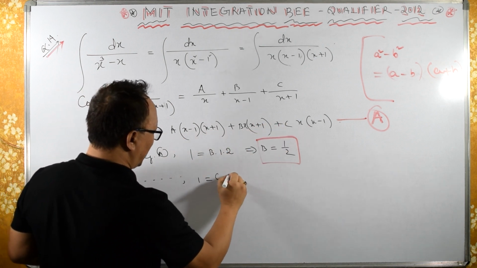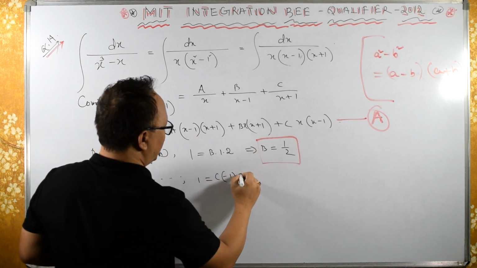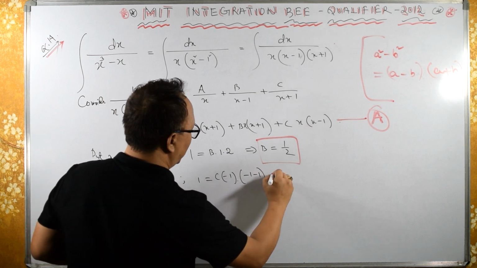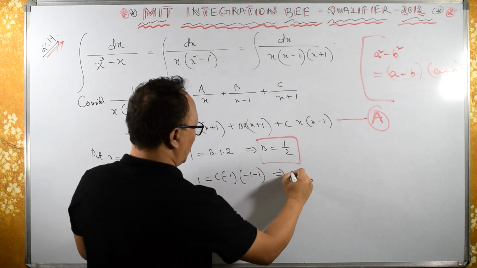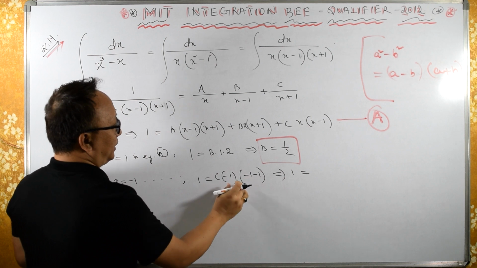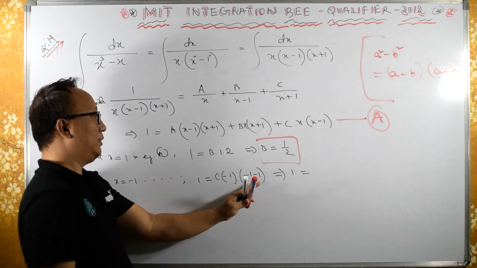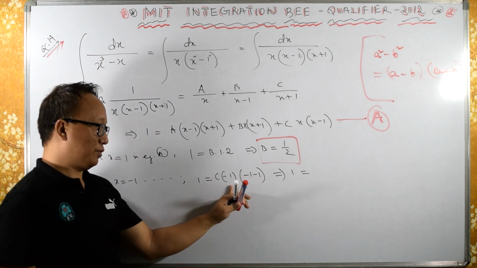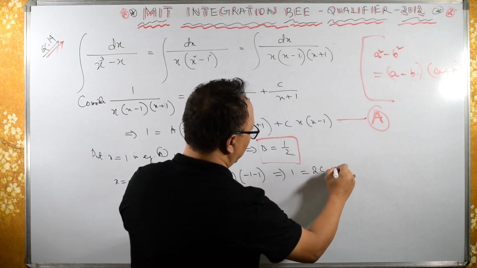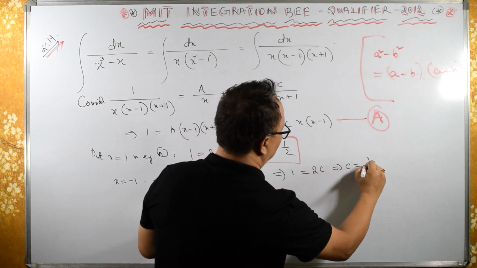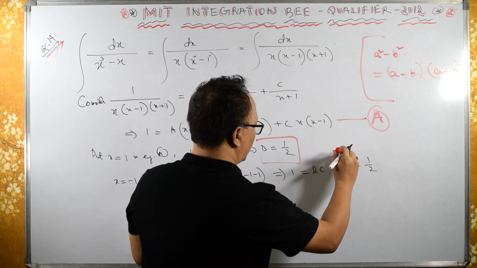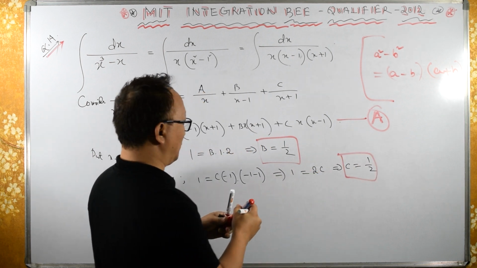Here C into minus 1 into minus 2, and minus 2 into minus 1 is 2. So 1 equals twice C, therefore C equals 1 by 2. So we have the value of C also.